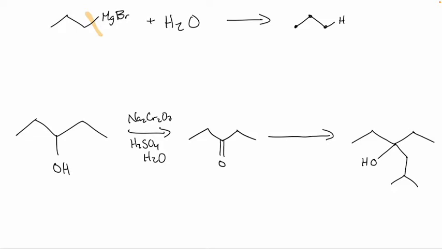If I work backwards here, you can note that these 1, 2, 3, 4, 5 carbons got those here, which means that my Grignard is going to contain these 1, 2, 3, 4 carbons here. So my Grignard, and again, to double check, count carbons, 1, 2, 3, 4 carbons.